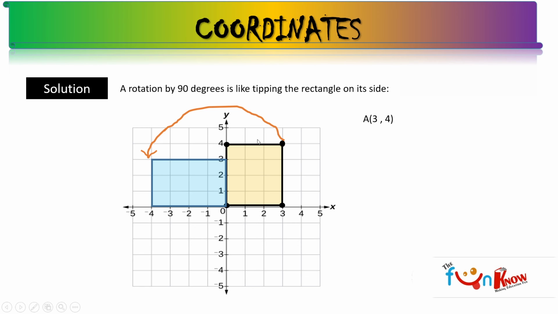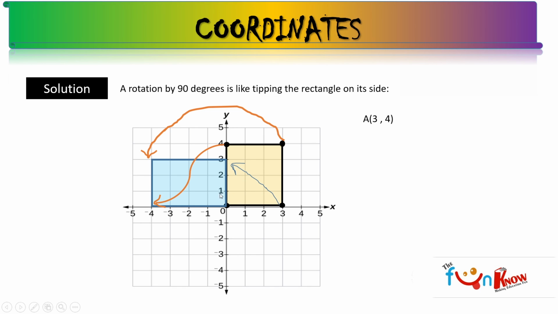Now how has this point tilted because of 90 degrees? Now we'll see the positions of the point have been changed, or the positions have been switched. We'll see first this 4 which was there on the y-axis is now shifted to the x-axis and became minus 4.